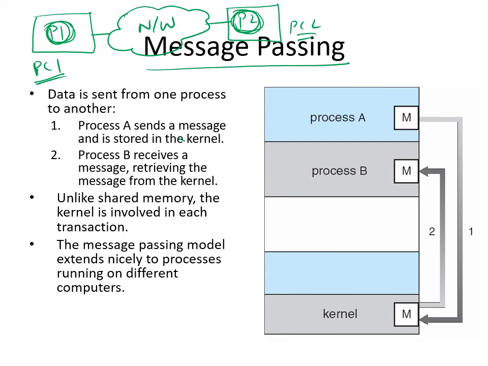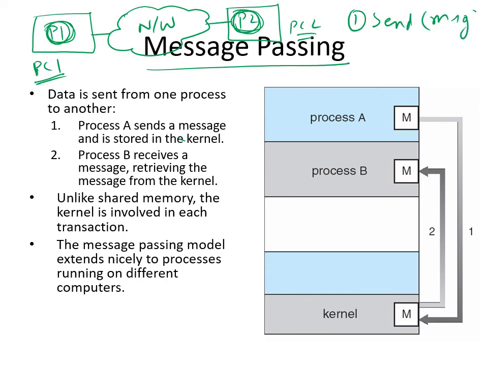Here in this situation, establishing a shared region of memory to communicate with each other is tedious. So message passing is a more convenient form of communication in such situations. So in message passing, the communicating processes typically communicate by using two system calls. Whenever a process needs to send some message to another process, it will use the send system call.